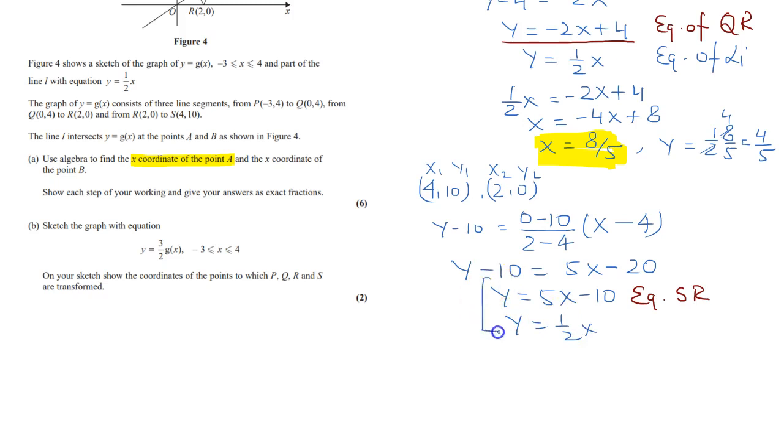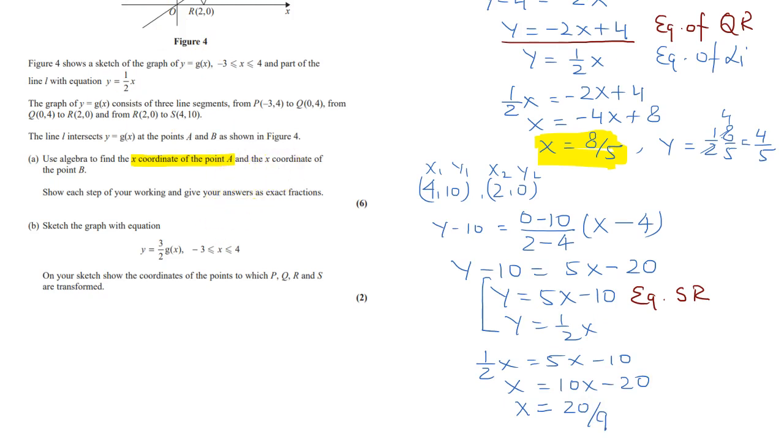Now these two are simultaneous equations, so we can write that half x is equal to 5x minus 10. So x is equal to 10x minus 20. So this is minus 9x, or 10x minus x is equal to 20. So x will be 20 over 9.